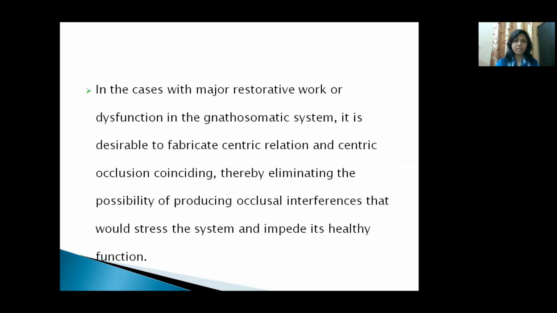In these cases, with major restorative work or dysfunction in the gnathosomatic system, it is desirable to fabricate centric relation and centric occlusion coinciding, thereby eliminating the possibility of producing occlusal interferences that would stress the system and impede its healthy functioning.